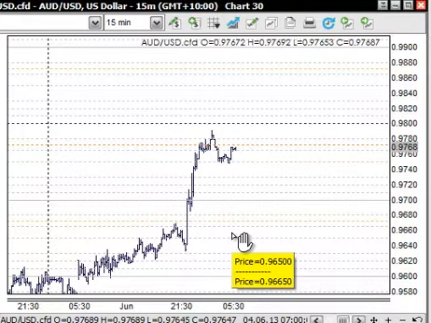So we can expect some sort of zigzaggy patterns through the Wednesday and the Thursday, and we'll look for the stronger trend on the Friday and the Monday.